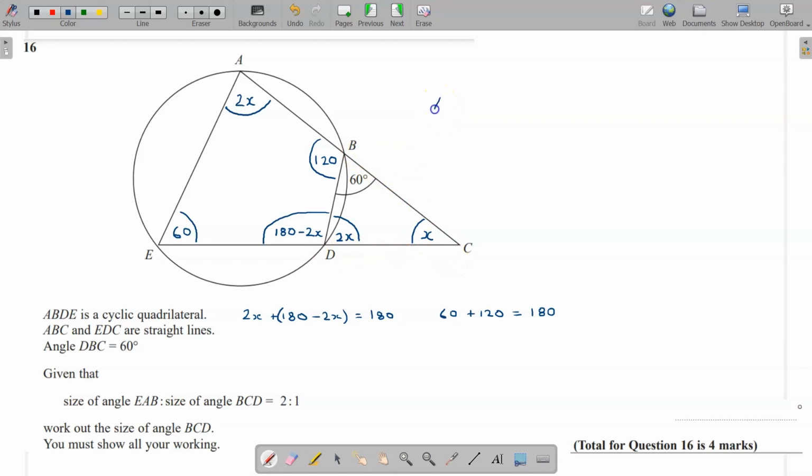In triangle BCD, we have three angles: 60, 2x and x, and they have to add to 180. Take away 60 from both sides, 3x equals 120, therefore x equals 40 degrees. And that's the question answered with plenty of supporting working.